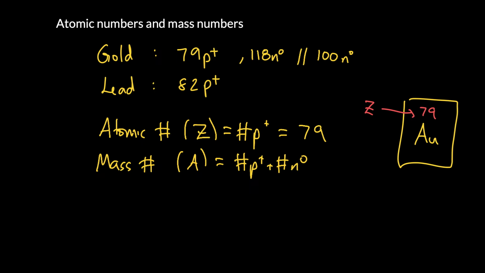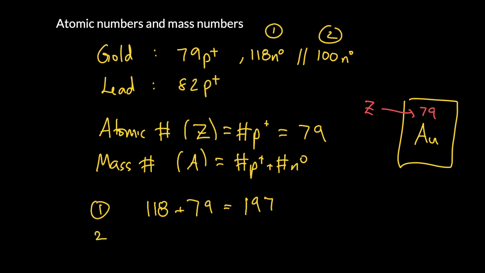And so our two different isotopes have two different mass numbers, so we'll call this one isotope 1 and this one isotope 2. So isotope 1 has a mass number of 118 neutrons plus 79 protons, and if we do the math, that comes out to be 197, whereas isotope 2 has a mass number of 100 neutrons and 79 protons.